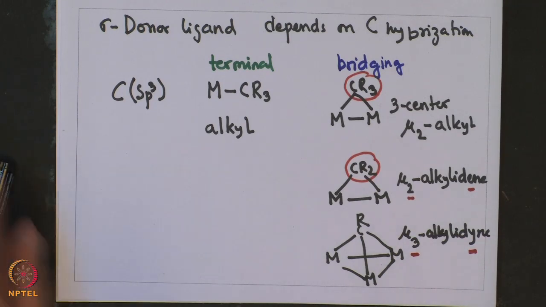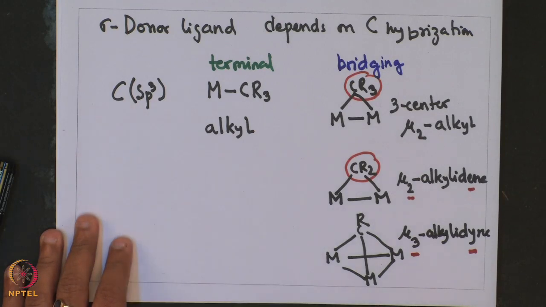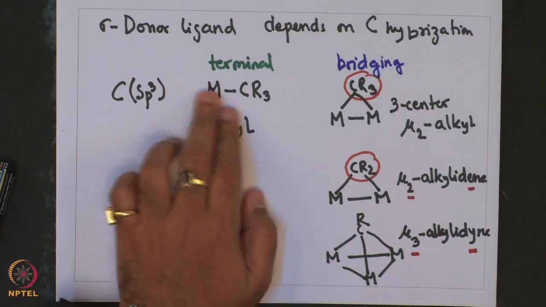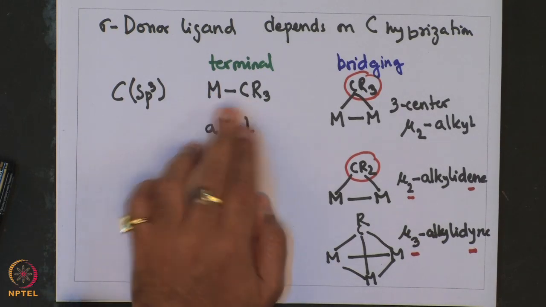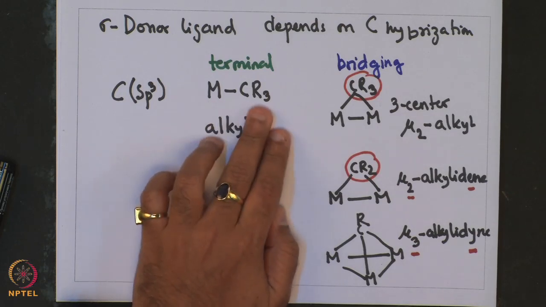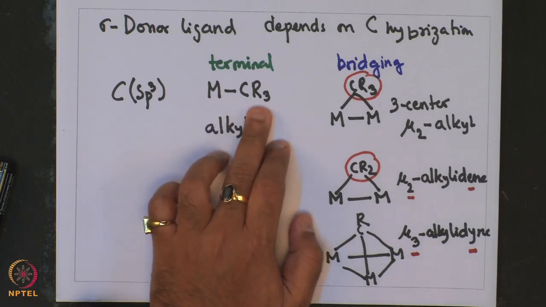So, what we saw is that sp3 carbon, which will represent a metal alkyl ligand, can act as a terminal ligand, where the metal is directly bound to the alkyl, and the alkyl is bound to only one metal center. The alkyl can even bind to more than one metal center.